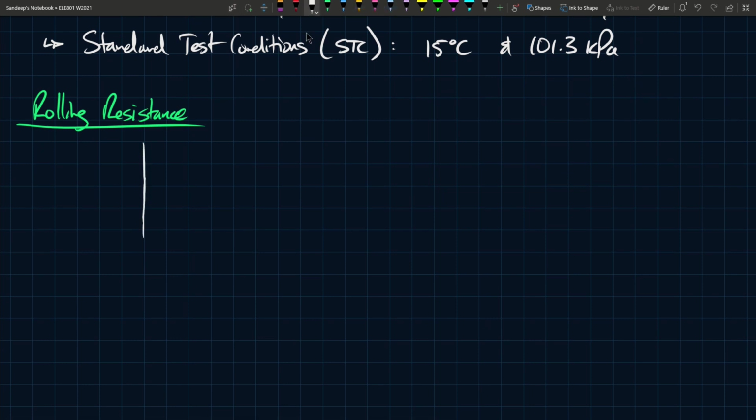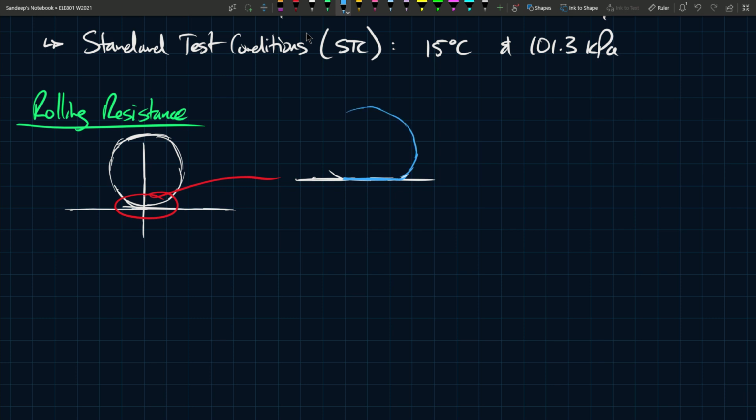If you imagine you have some level, flat ground like this, and you have a tire on there, this is probably not a perfectly drawn tire, but if we were to zoom in on this section here, you would see the flat part like this, and the tire wouldn't touch at a single point. There would be a part where it would be flat, so it would be flat like this at the bottom, and then it would go round along the top.